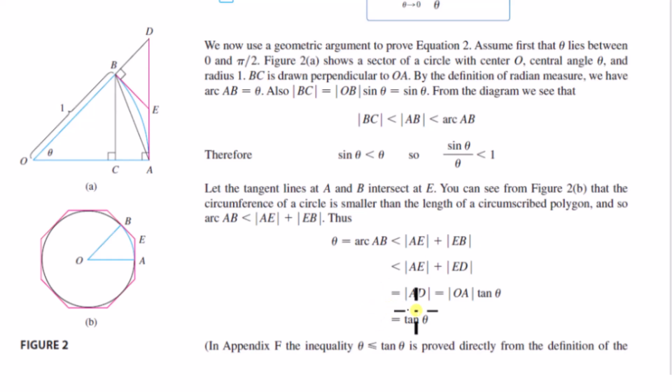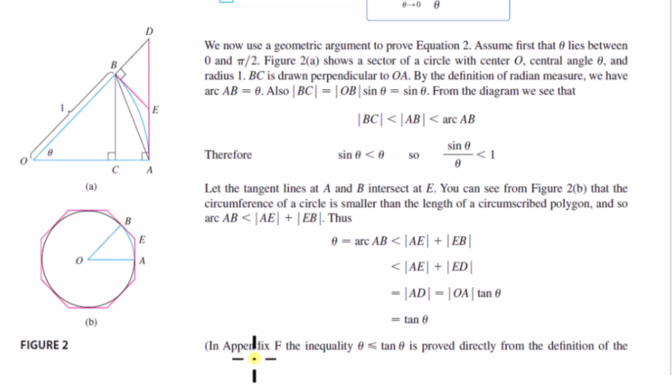Now, AE plus ED is AD, a leg of this large right triangle, and AD is OA tangent theta, but OA is 1. That's the radius of the circle. So what you get is that theta is less than tangent theta.